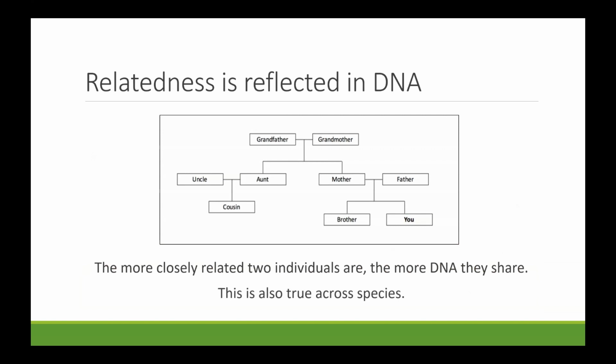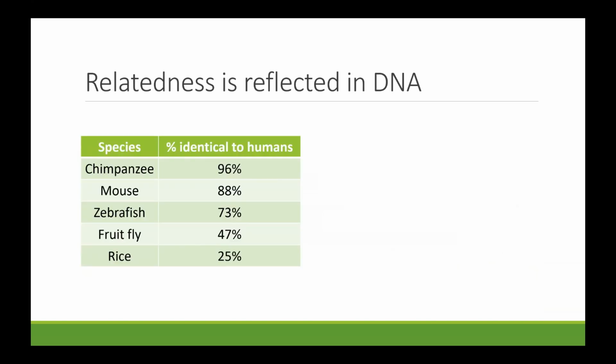This principle is also true across species, not just individual people, but the entire tree of life. So when we look at the DNA of various organisms, we can see that the percent similarity gets lower the farther away you get in the tree of life. This table here shows you the percentage of DNA that's identical to humans in each of these organisms. 96% of the DNA in chimpanzees is identical to that of humans.